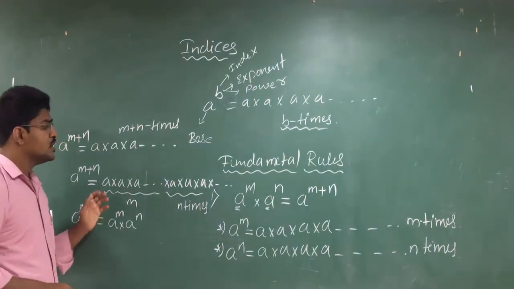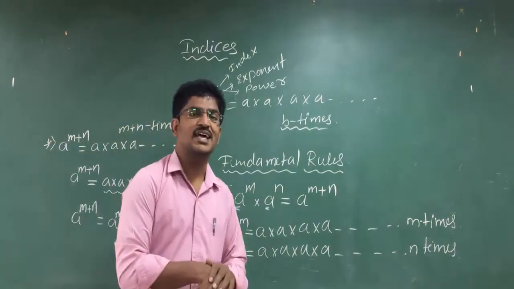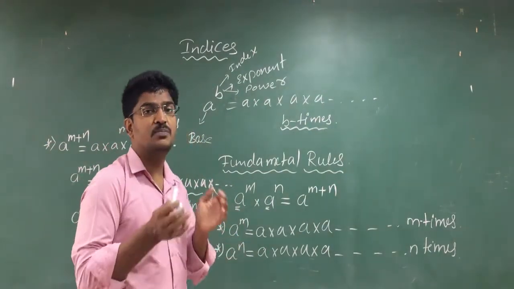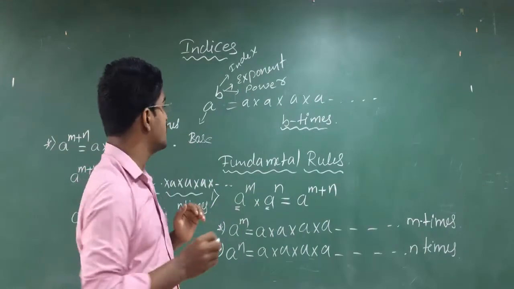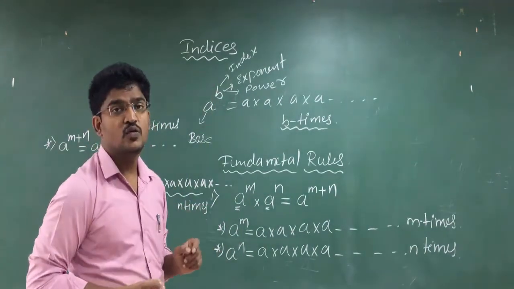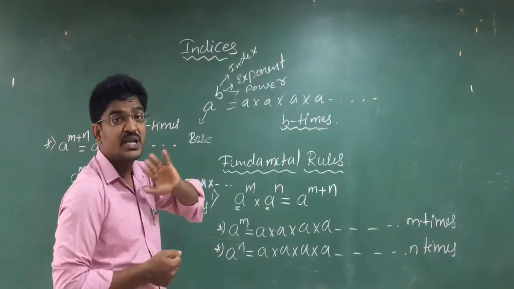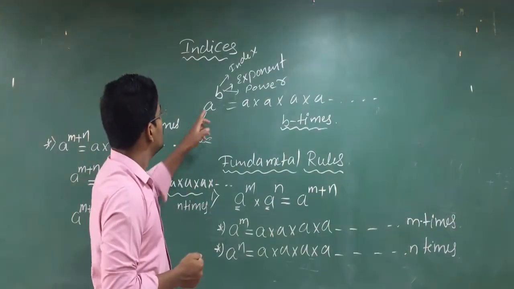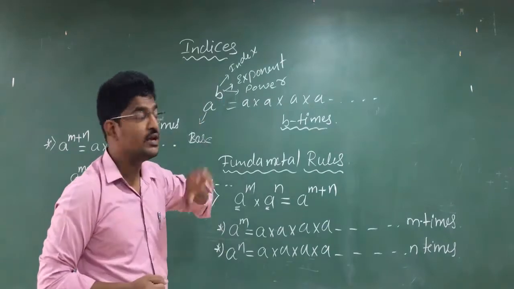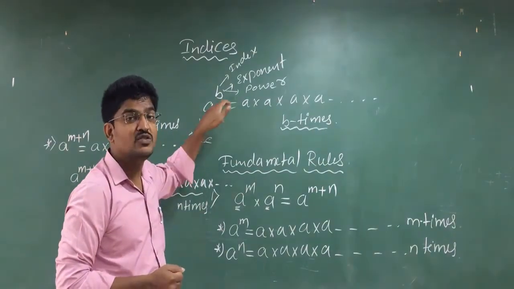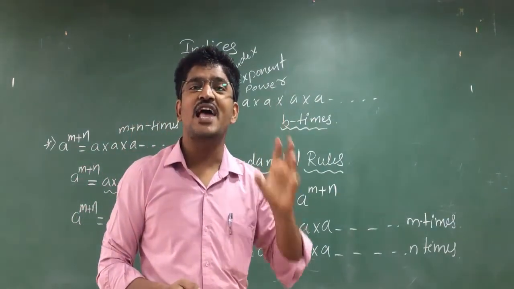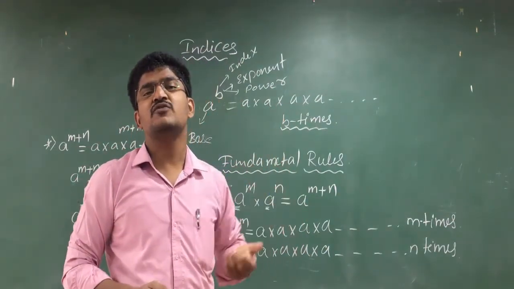Clear, students? If you don't understand or are not getting any information from this, please listen carefully again. First thing: the expression of the form a to the power of b is called exponential values or exponential forms.